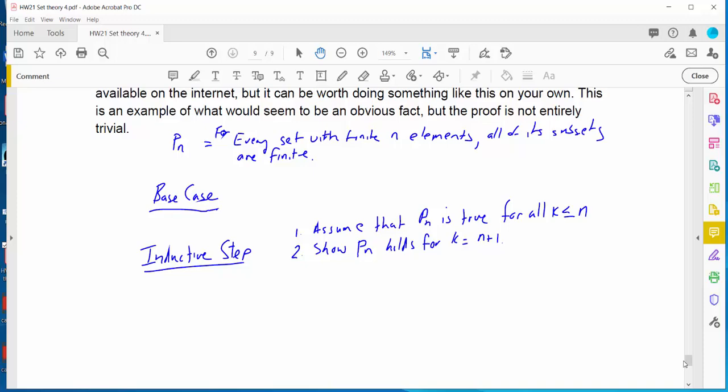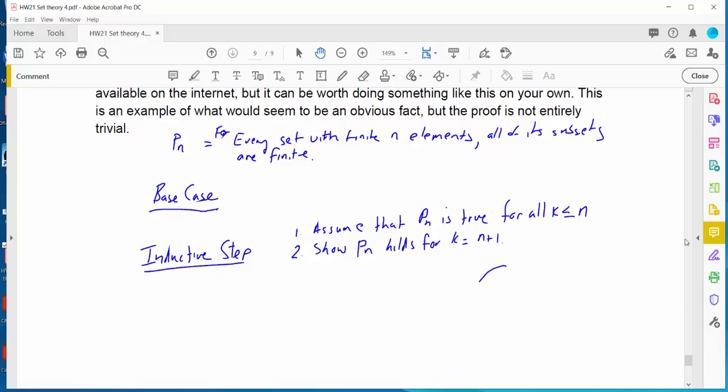Now it's not at all obvious how to do this. You just need to come up with ideas and think about it. So I suggest you try that on your own, but if you're struggling, then come back and I'll tell you a little more. So what you want to do is think about the set that gets created when you add one more element, or k equals n plus 1, right?